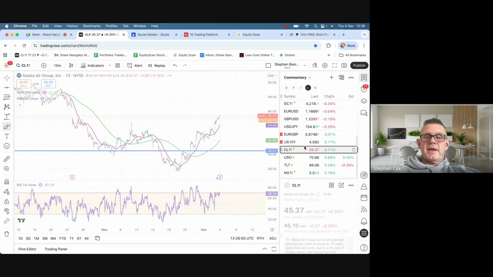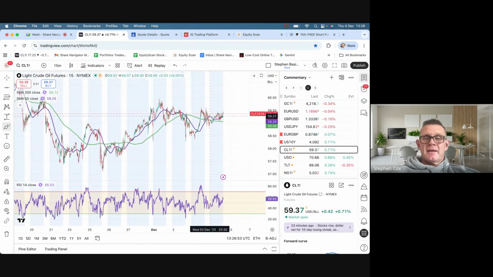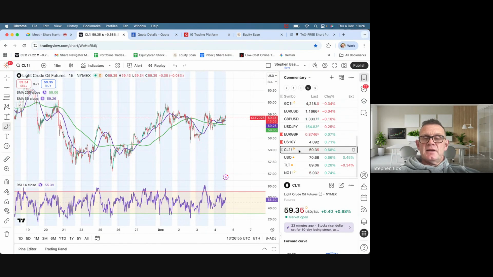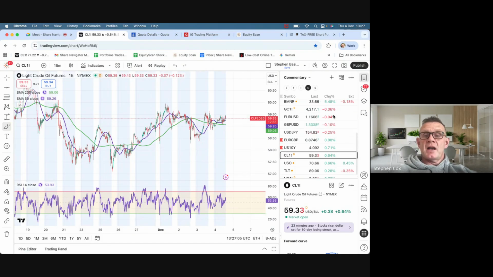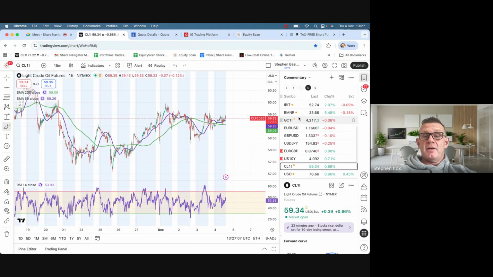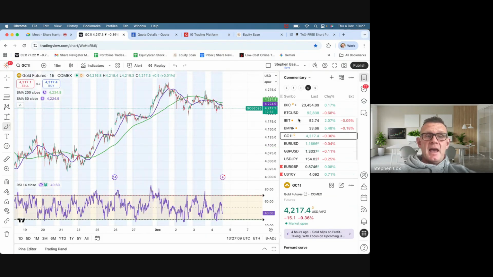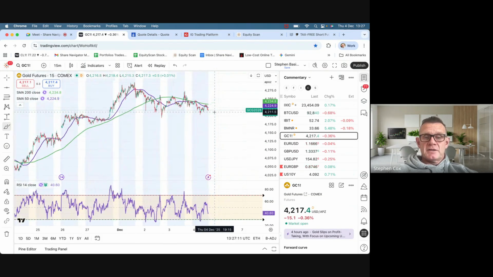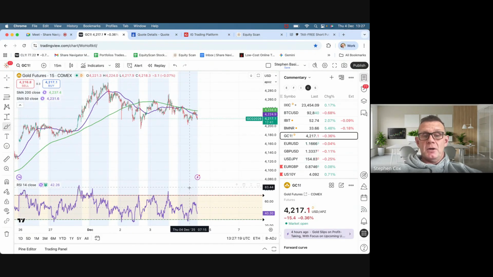Oil's creeping back up again. I just think it makes more sense to be trading the currencies the way we're trading, given the risks that are out there with oil at this minute in time. So I'd much rather just stick with the currency trading for now and gold, because gold has been very, very good. And again, just applying that strategy with gold. There's one we got this morning. I didn't put it out, but you would have got your profit. You'd be in and out already on gold.